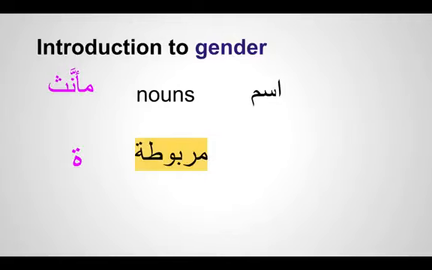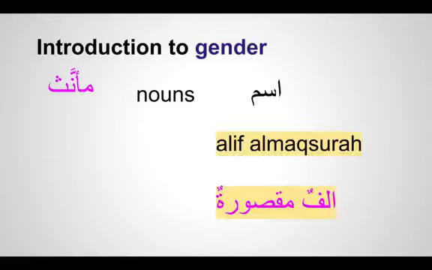There are two other ways where you can recognize that a noun is feminine. If you see this letter, what is this letter called? It's called Alif al Maksoora. So if you see this letter at the end of a noun, then that is also a feminine word, muannas.